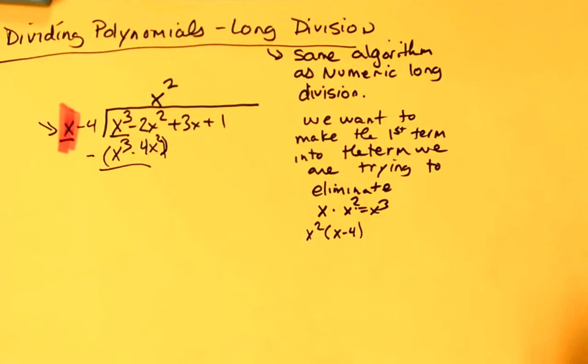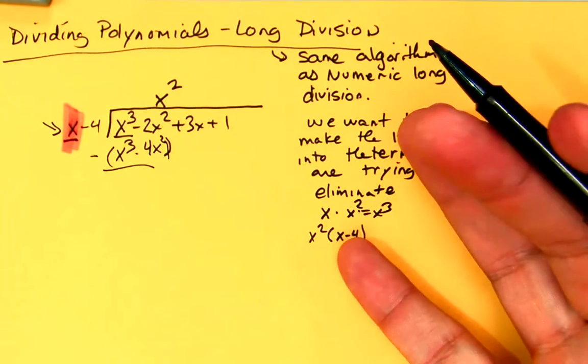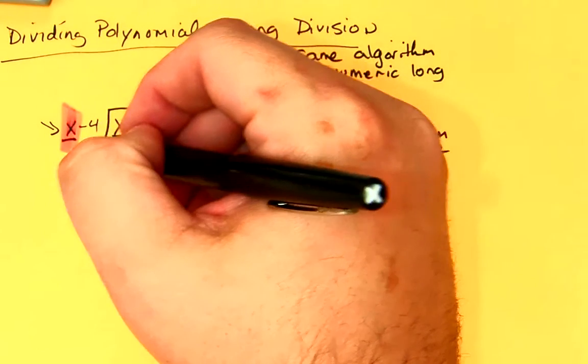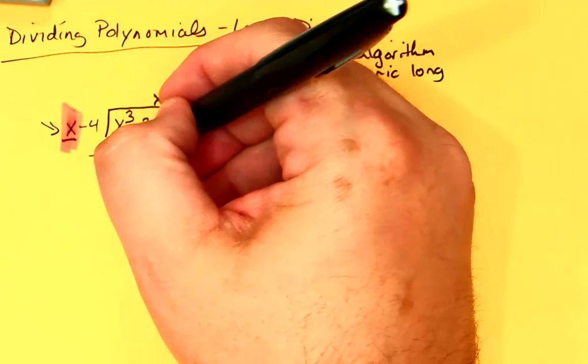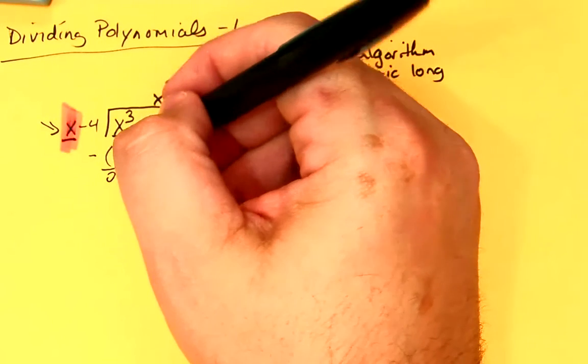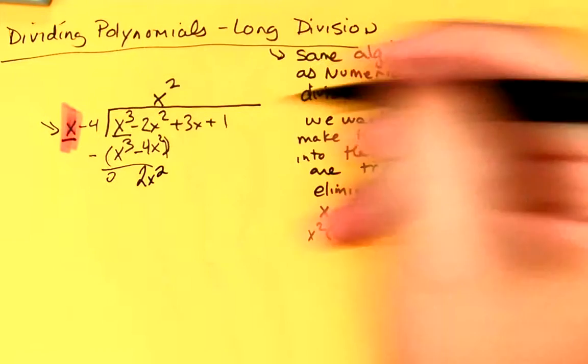That's exactly like we used to do when we would use long division with numbers. So x cubed minus x cubed is 0. Negative 2x squared minus a negative 4x squared, which is plus 4x squared, so that's a 2x squared.